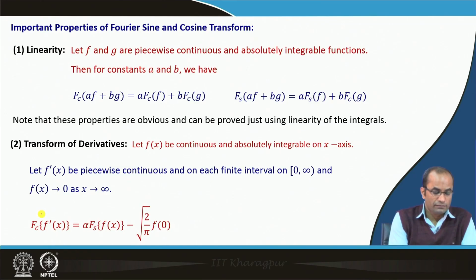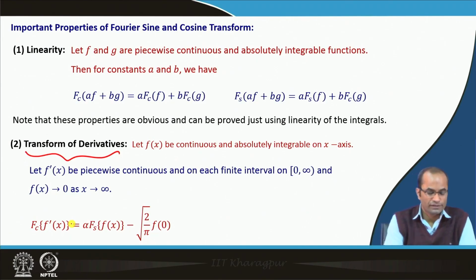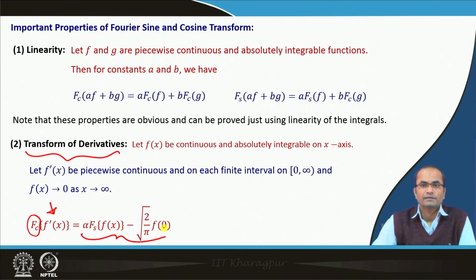So, this is the nice property of the derivative which we enjoy for solving differential equations. On the left-hand side we have a derivative, and when we take the Fourier cosine transform of the derivative, the right-hand side is free from derivatives, and this is exactly the point which helps us to solve the differential equation.